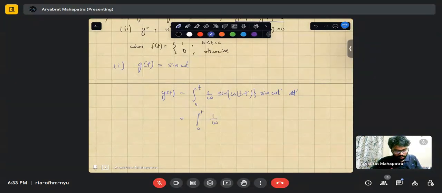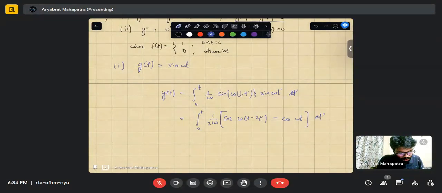So this is of the form something like sine A sine B. You can use a sine A sine B type formula over here. Once you do that, you will get 1 by 2 omega cos of omega (t minus 2t prime), minus cos of omega t.